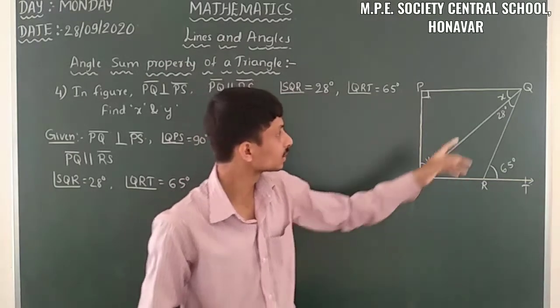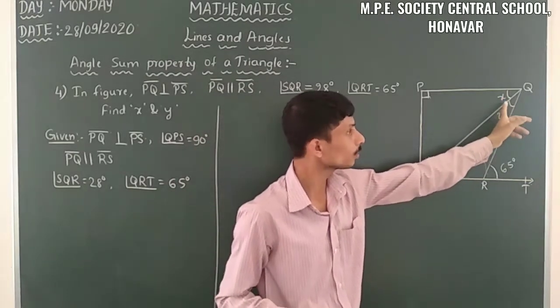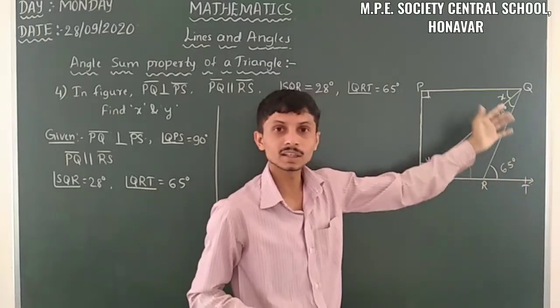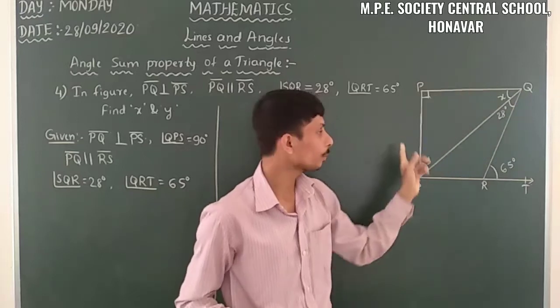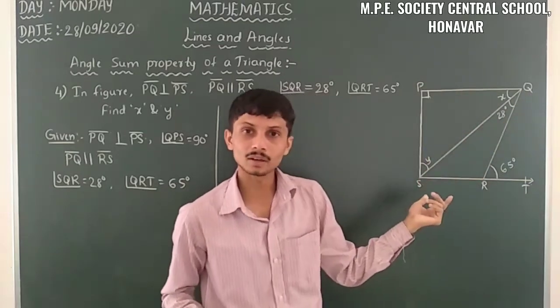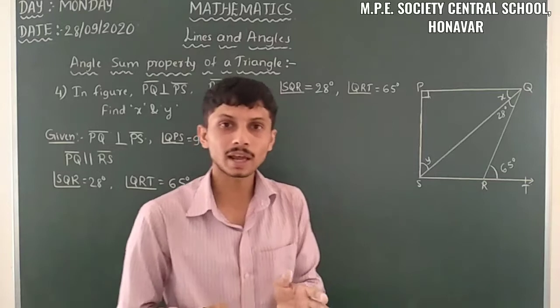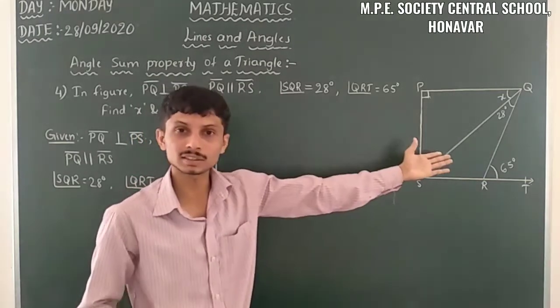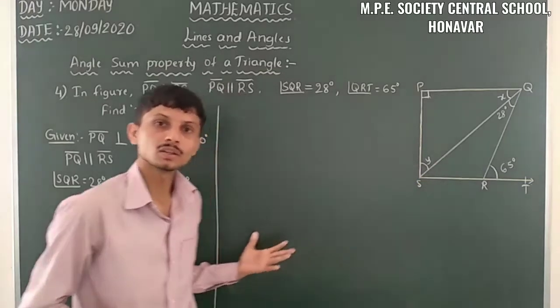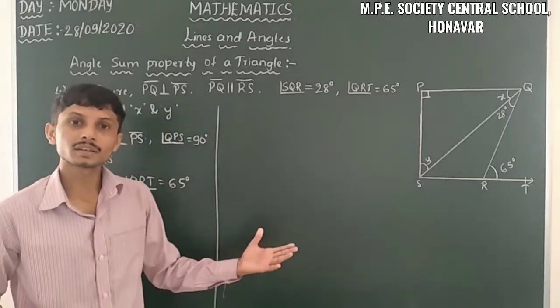So the sum of these two is equal to 65 degrees. Then we can find the value of x, and with the help of the angle sum property we can find the value of y. There is no construction needed here, so there is no need to write a construction.